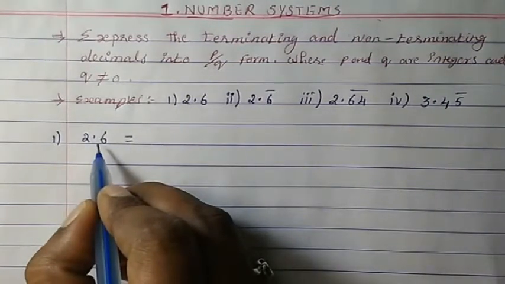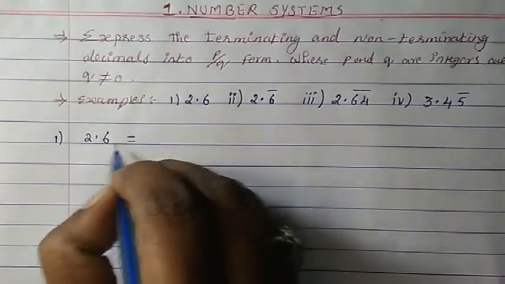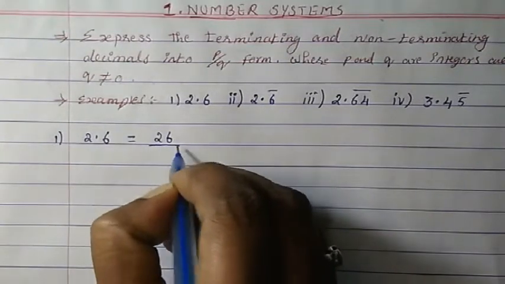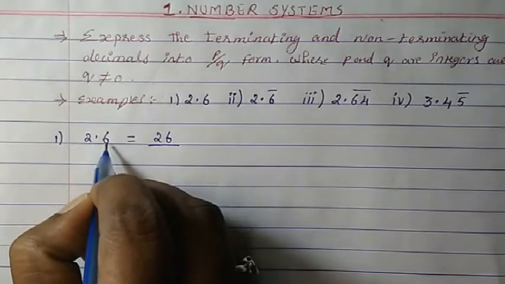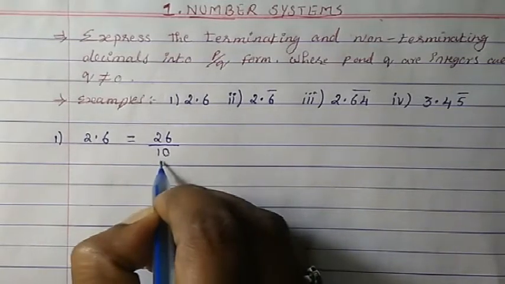Whenever you have a number like this, first write down the number without the decimal, and then in the denominator, see how many digits there are after the decimal. If there is one digit after the decimal, we write 10 here.